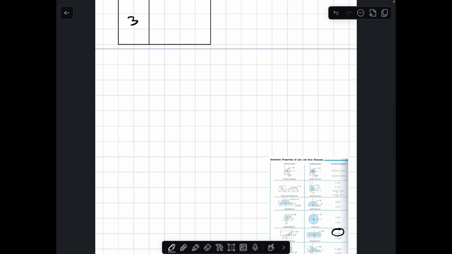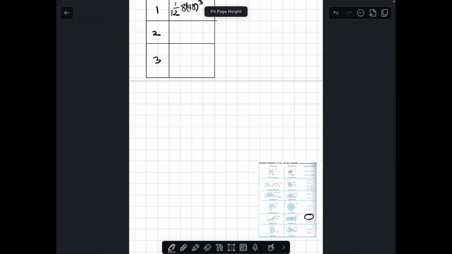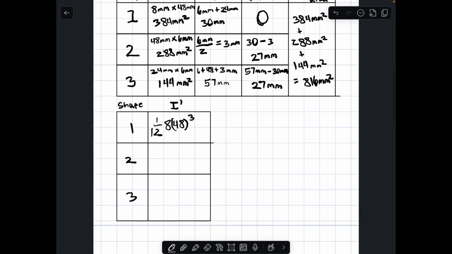Let me make sure. Yep, cubed. And so that gives us 73,728 millimeters to the 4th.